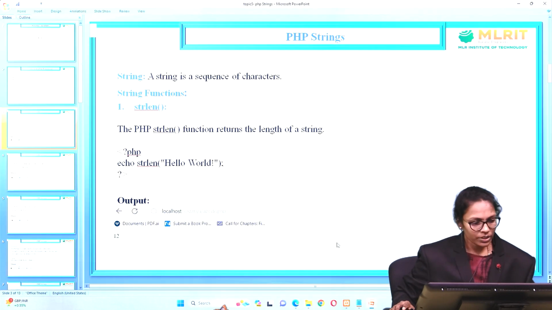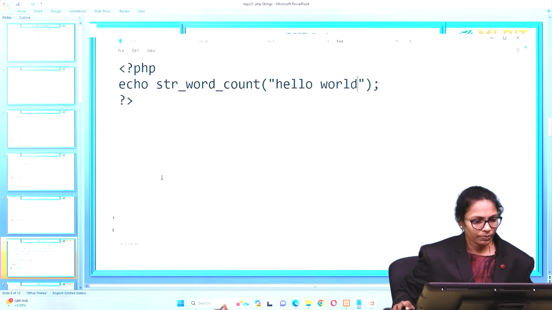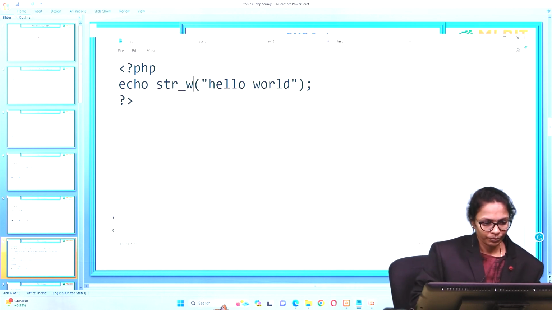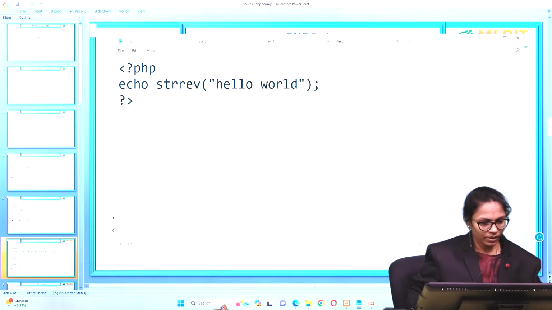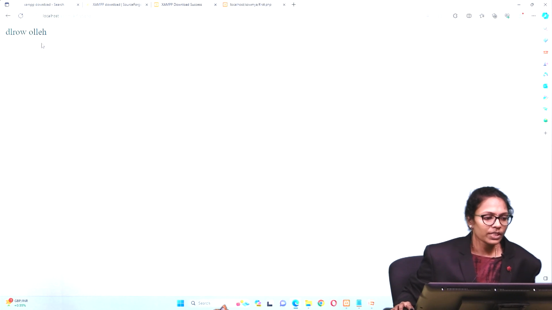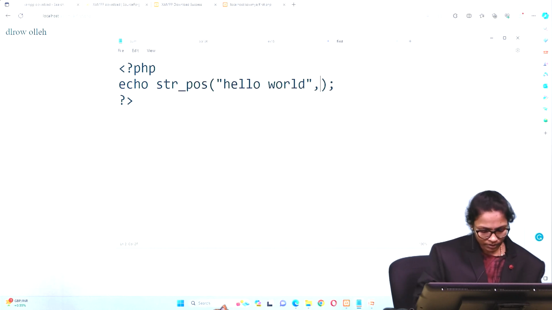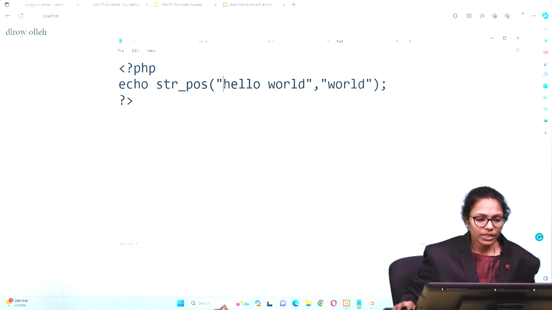Next functions are strrev and strpos. strrev gives hello world in reverse. For strpos, I am checking the position of the word in world. The first string is the main string and the second one is the substring.